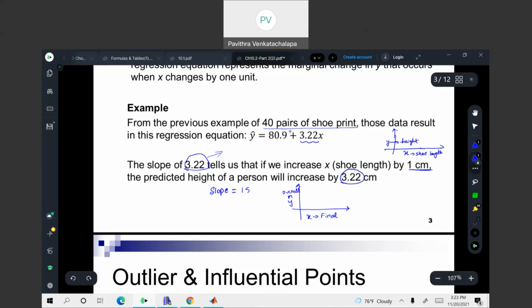Now if I increase x by 1 point, then your overall grade, that is y, increases by 15 points. Okay, so that's the meaning of slope.